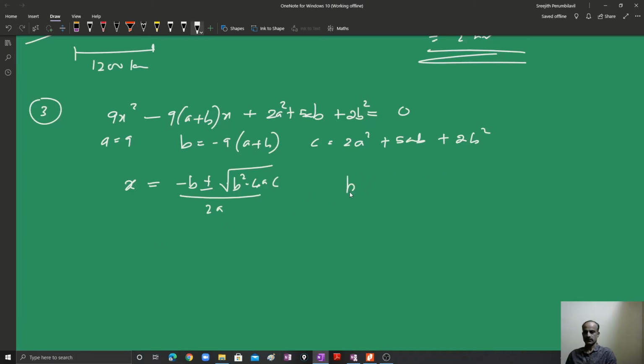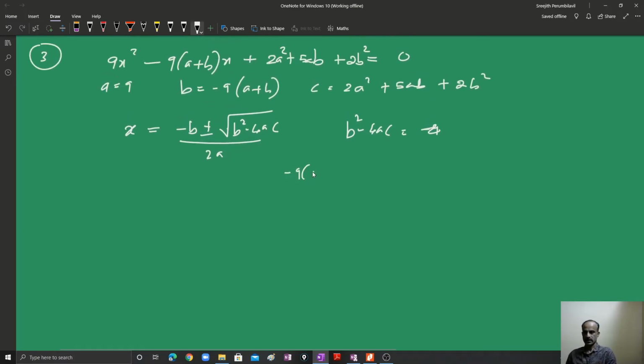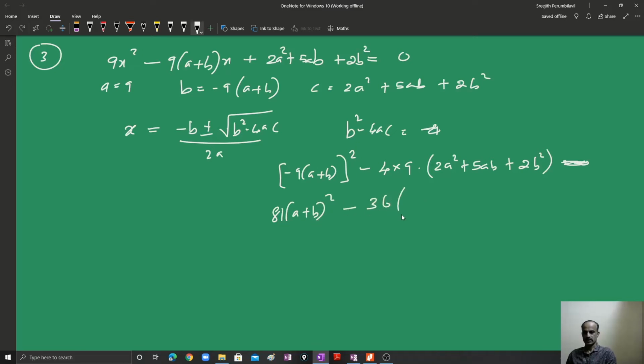So in order to do this, first we will find b square minus 4ac. That is equal to minus 9 into a plus b whole square minus 4 into 9 into 2a square plus 5ab plus 2b square, not equal to 0. That is b square minus 4ac. This is 81 into a plus b whole square minus 36 into 2a square plus 5ab plus 2b square.